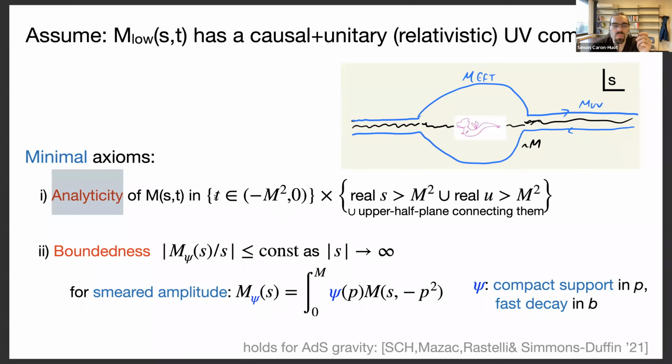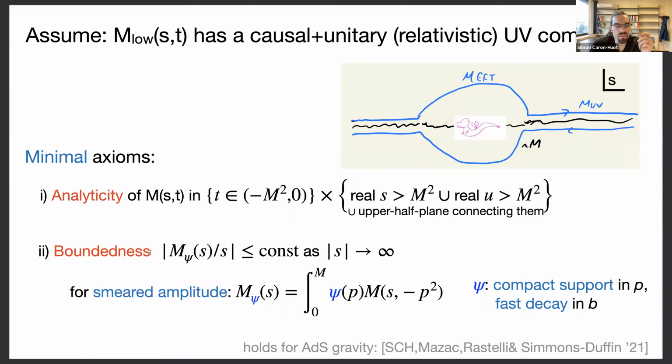We're going to be thinking about momentum transfers that are below the cutoff and energies that are above the cutoff. So we need analyticity in that region, basically outside this blue line. If we have this analyticity region, then we're good. And we're also going to assume that the amplitude is bounded.